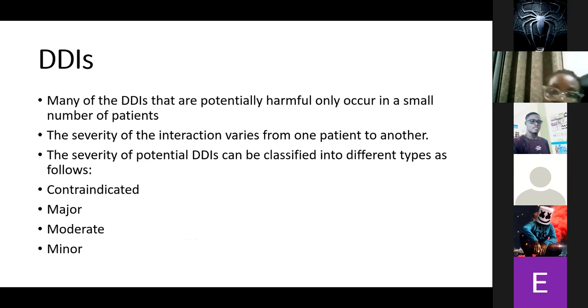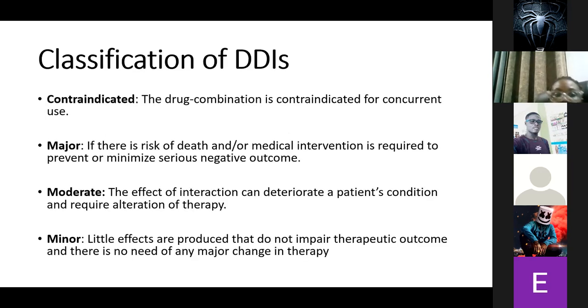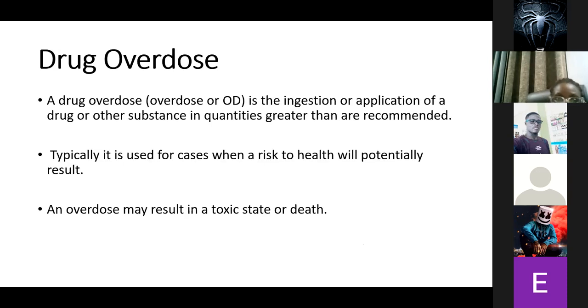So there are classifications: contraindicated, major, moderate, or minor. So contraindicated means that it's an absolute no-no. Major means there's a risk of death if there is no medical intervention. Moderate is that there's a deterioration in the patient's condition. And then minor, little effects that occur with the drug interaction.